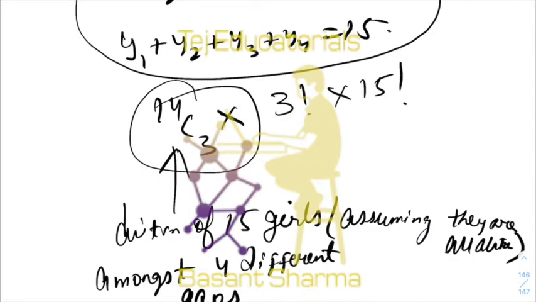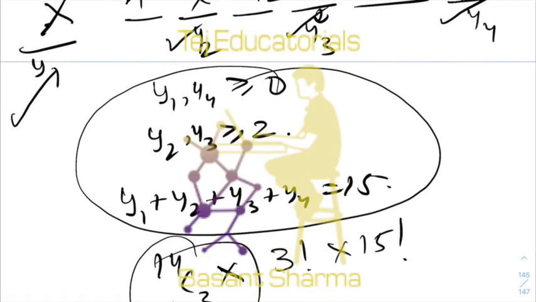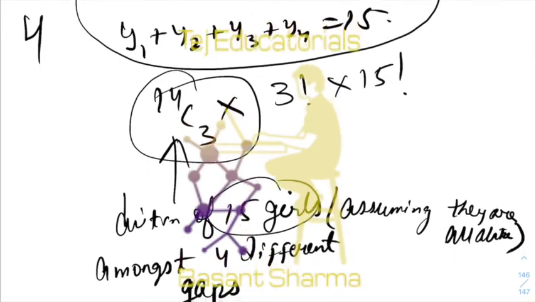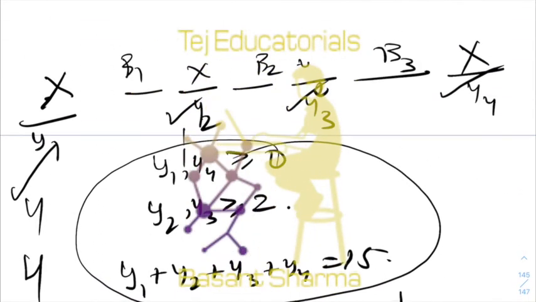First we assume that they are all alike and we distribute 15 girls in these 4 different gaps. I say different gaps because Y1 takes 4, Y2 takes 1, or Y1 takes 1, Y2 takes 4, they are different cases. So it matters which variable takes what value, because that will decide the distribution.